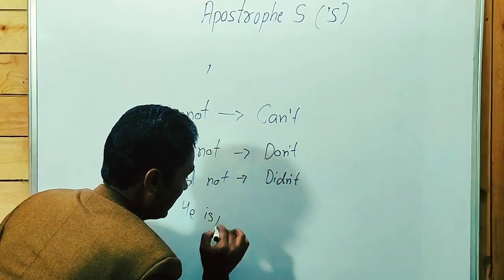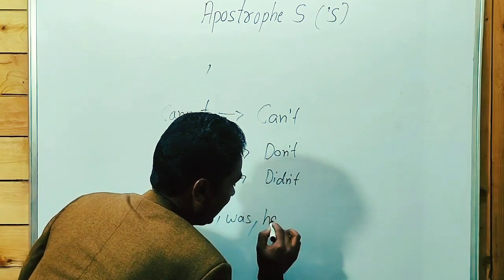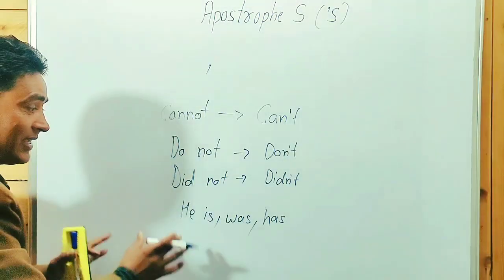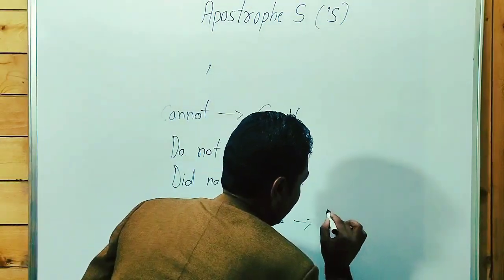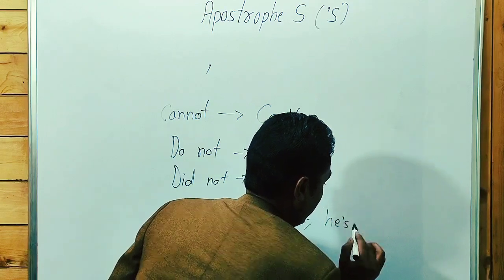He is, he was, and he has. Guys, point to be noted, its contraction form is he's, apostrophe s.